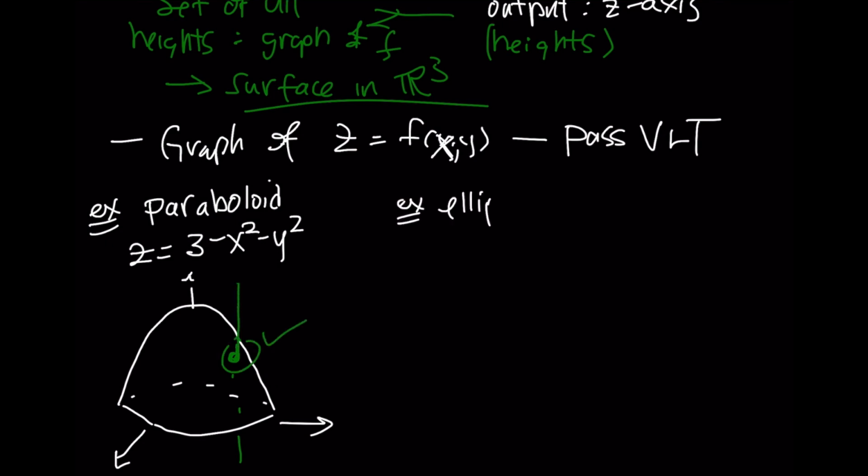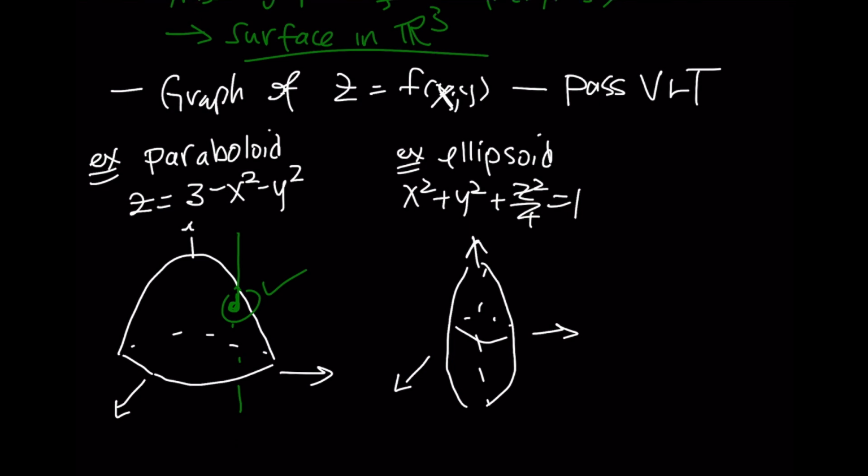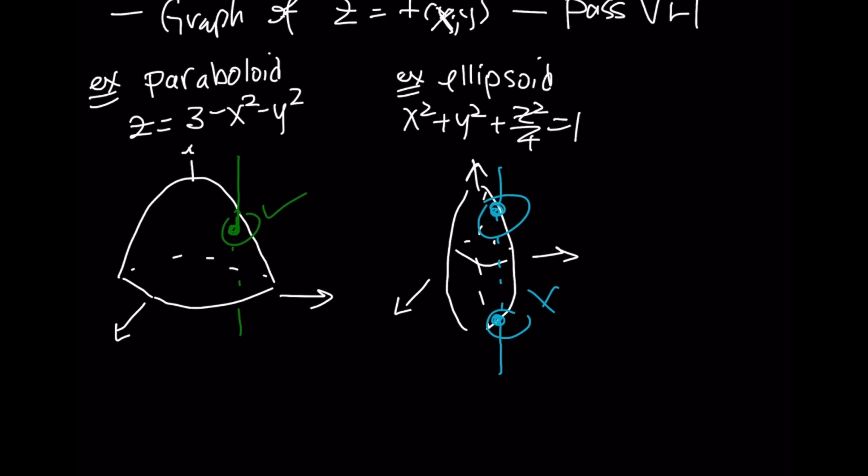If we were to take a different sort of surface, like an ellipsoid, and if we were to take the vertical line test, you could see that we run into trouble because this vertical line would touch twice. So an ellipsoid does not represent the graph of a function.